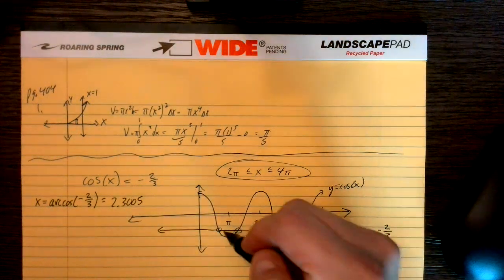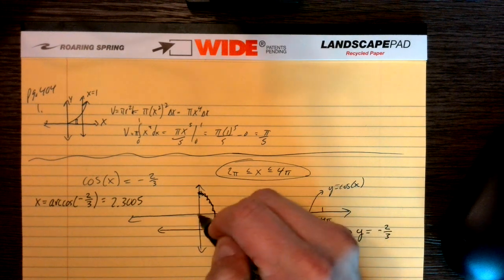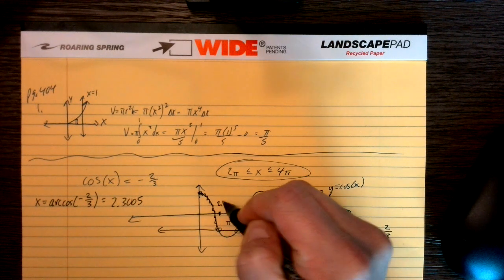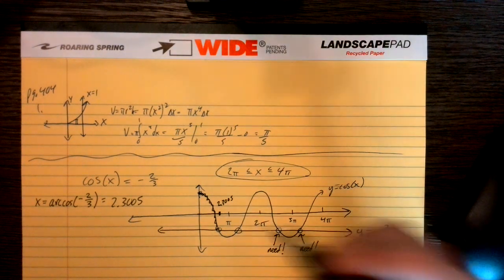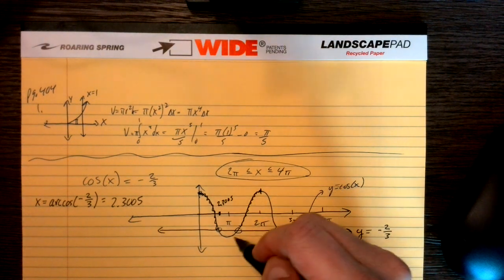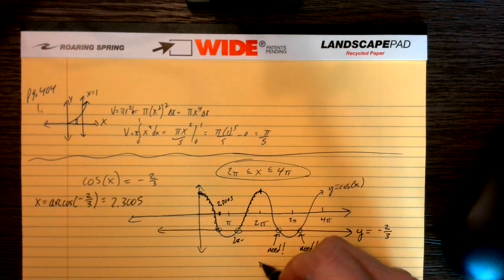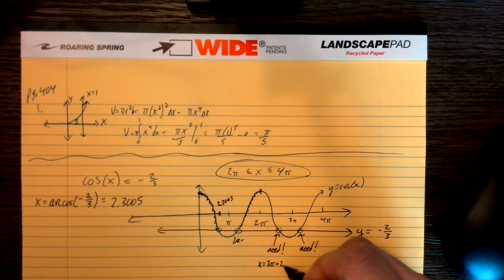Okay, so that means this little part of the curve is swept out by this x value. So that is 2.3005, which means if I try to play matching, this one is 2 pi minus that number. This one is the one that we need, 2 pi plus that number.